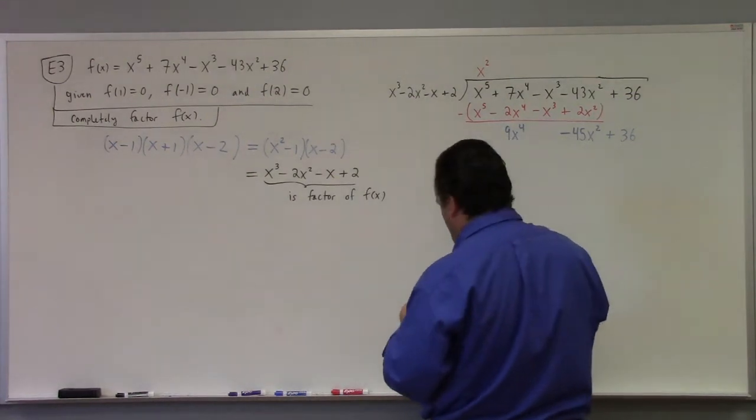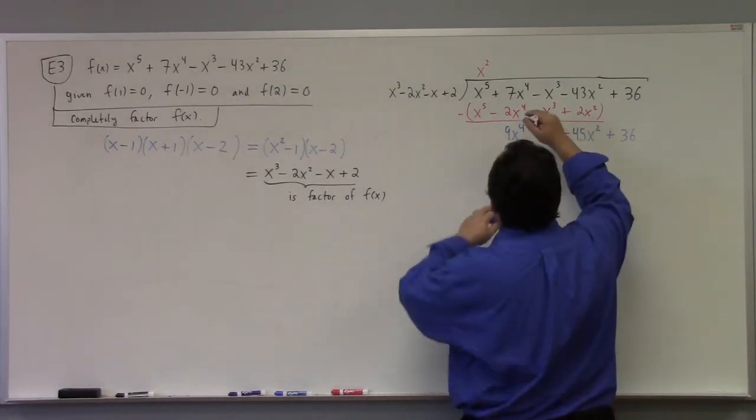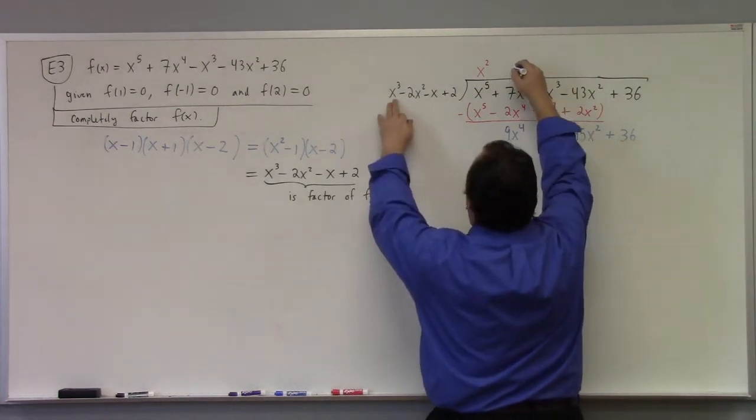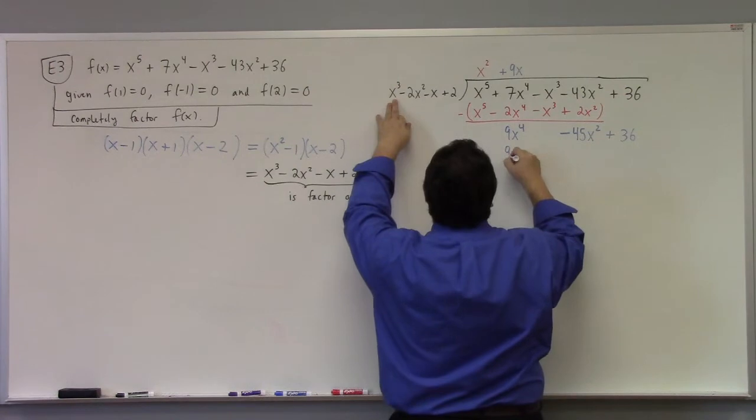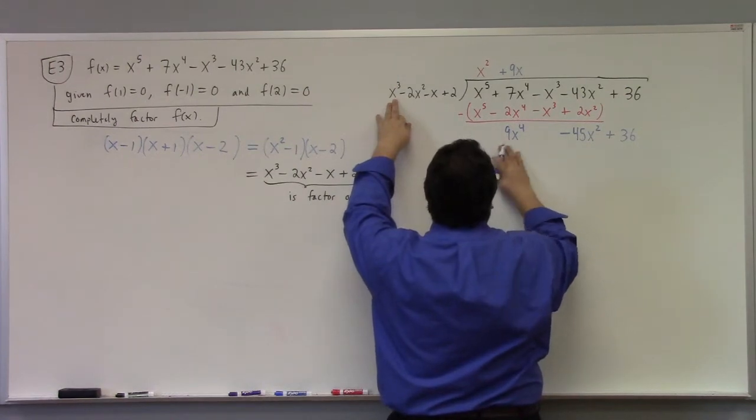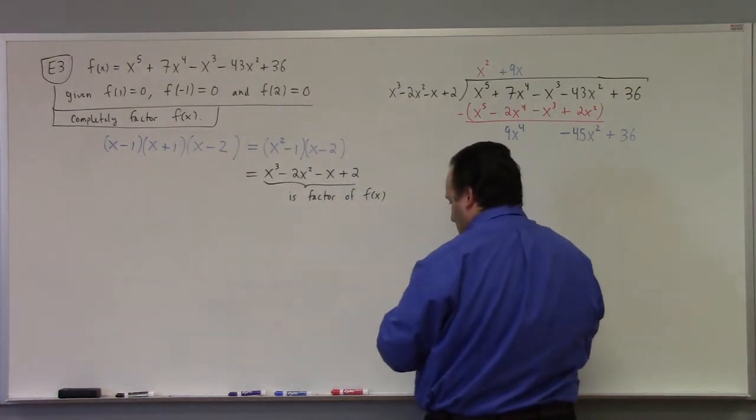Okay, so great. Now, up next, to get this 9x to the 4th, I need plus 9x. So that gives me 9x to the 4th.